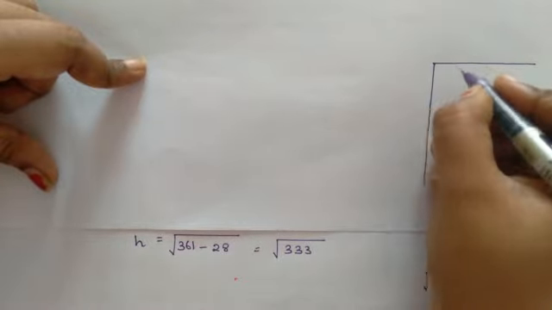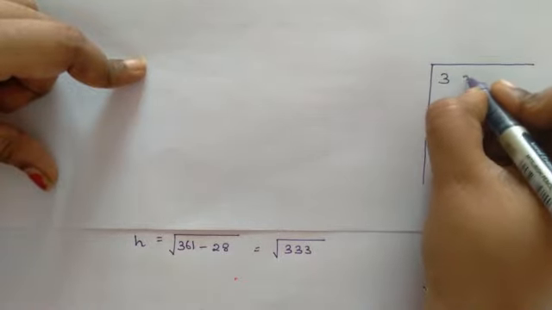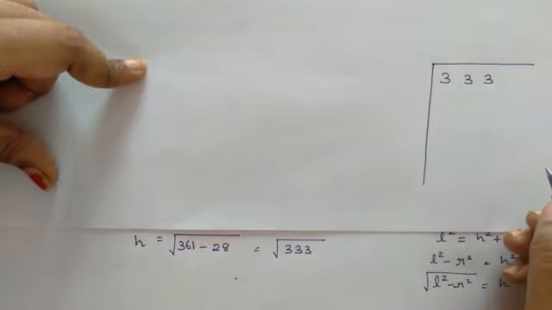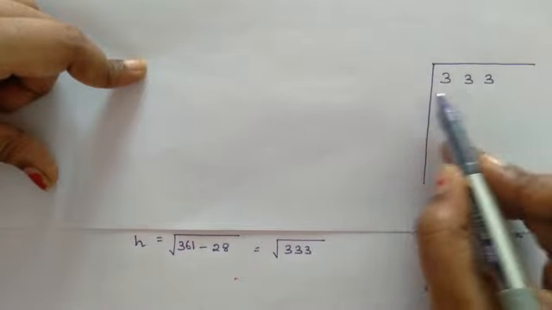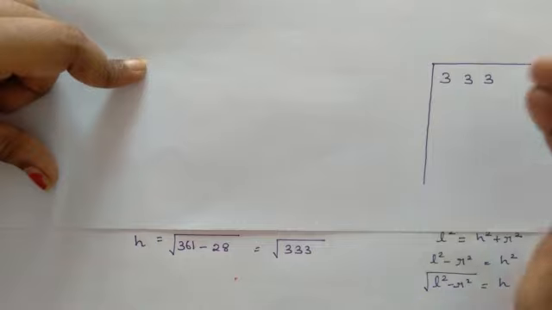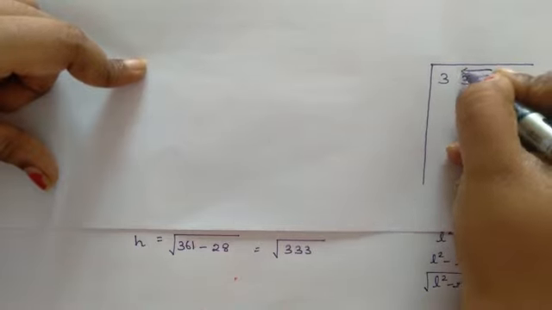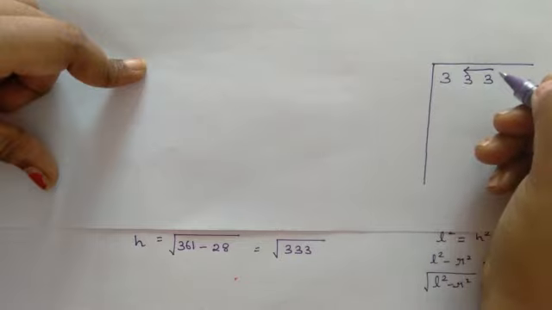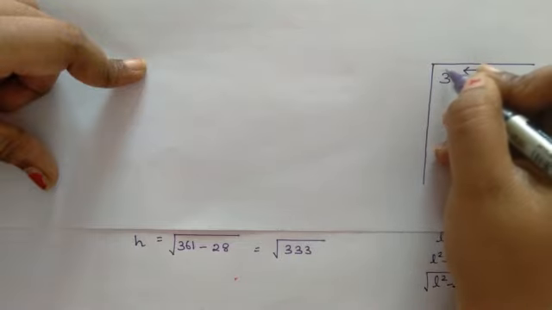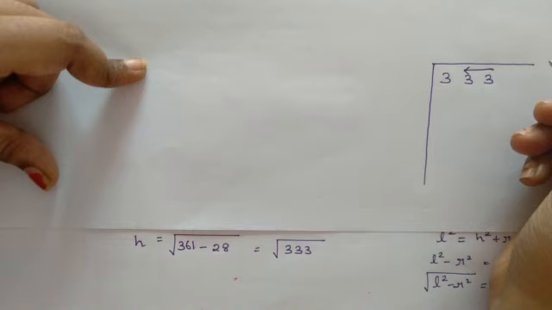Place the numbers within the long division symbol. It is 333. This number does not have a decimal point, so from the rightmost end, pair the numbers to the left. 3 and 3, two numbers, become a pair. This is a single digit, it does not have a pair, so leave it as it is.